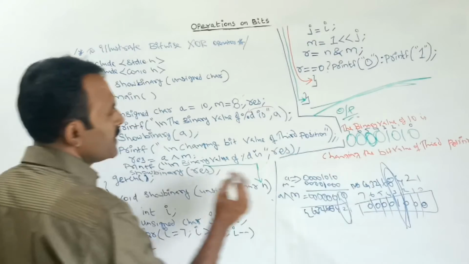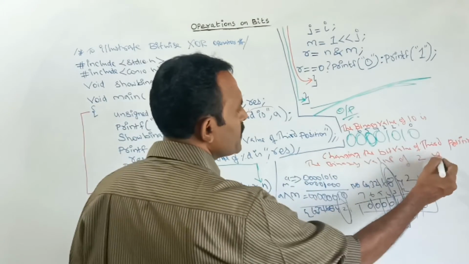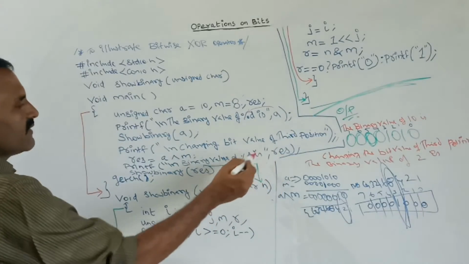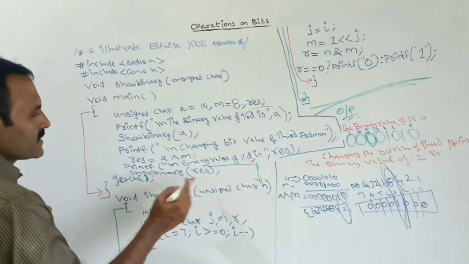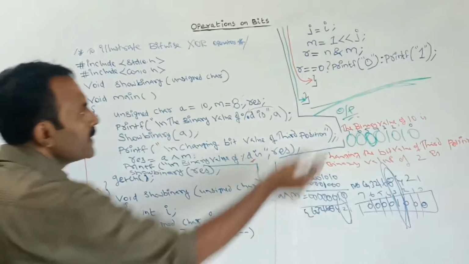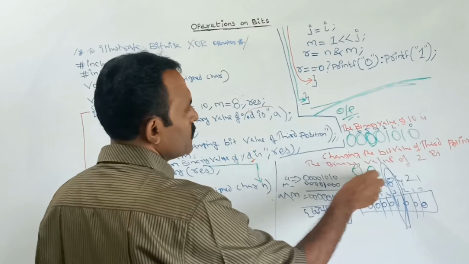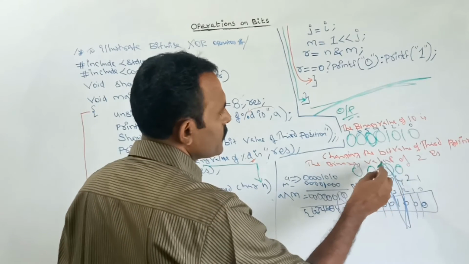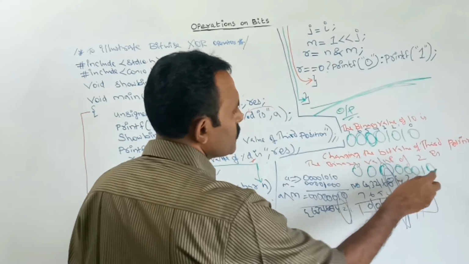So here the binary value of 2 is displayed because for the RES value I am telling it to print the decimal value. So next, the corresponding binary value is displayed, that is 0 0 0 0 1 0.